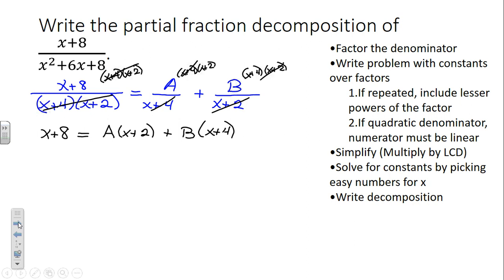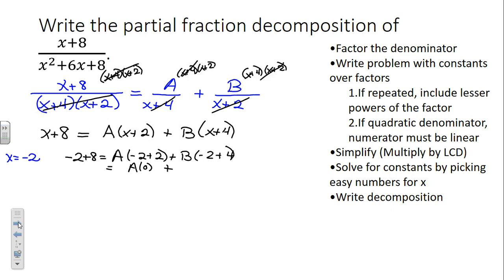Okay. So if we're going to be smart and strategic, we said let's let x be -2. And when we do that, we'll have -2 plus 8 equals A times (-2 plus 2) plus B times (-2 plus 4). And we were strategic and smart to know that A times 0 is going to get us a 0.